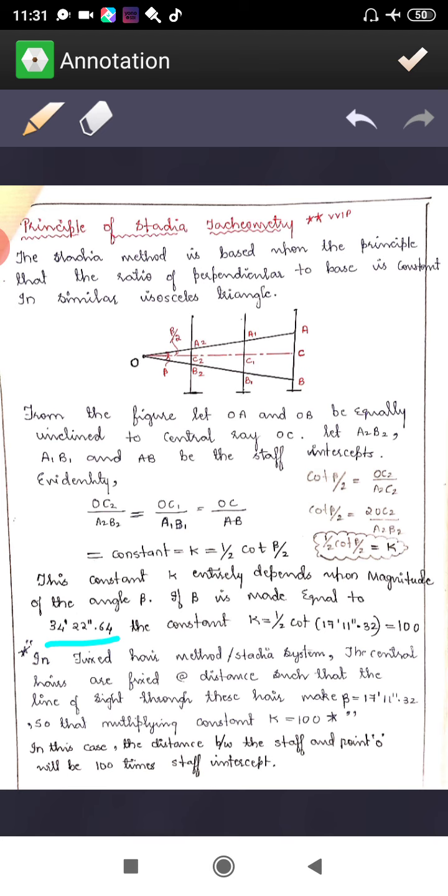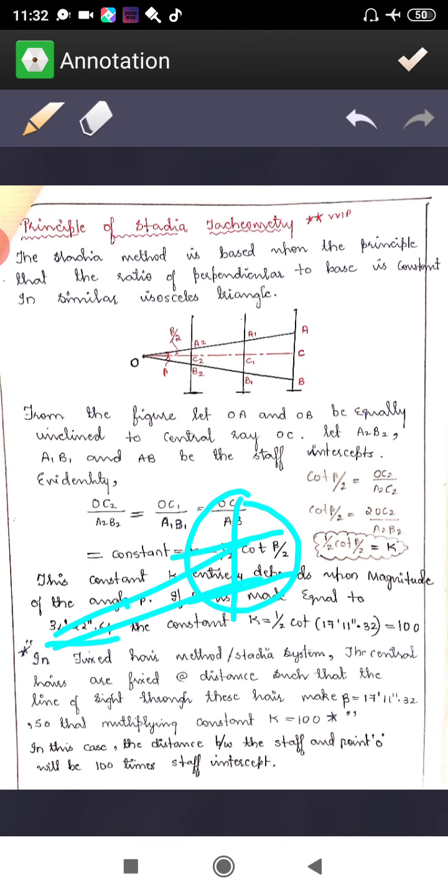And in the fixed hair method or stadia system, the central hairs are fixed at a distance such that the line of sight through these hairs makes an angle of beta by 2. These will be fixed, and whatever angle is formed here is going to be 17 minutes 11 seconds 0.32, so that the multiplying constant K becomes 100.